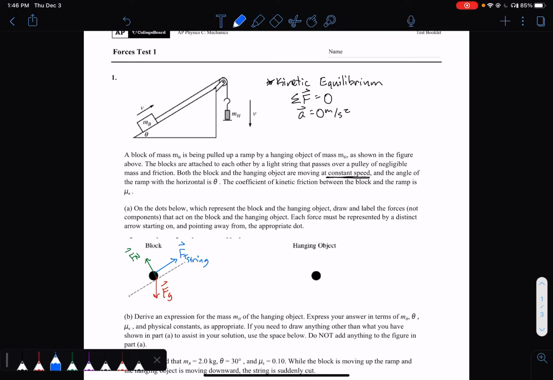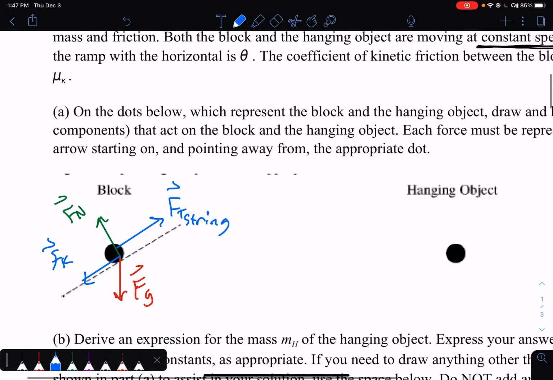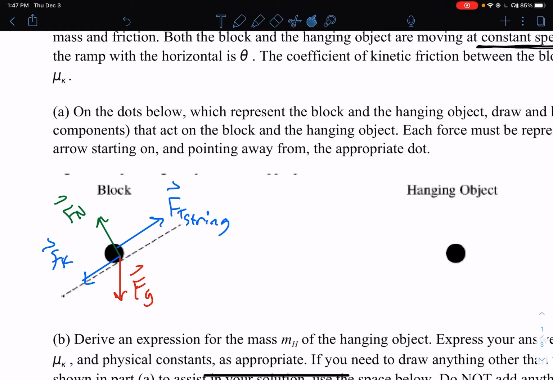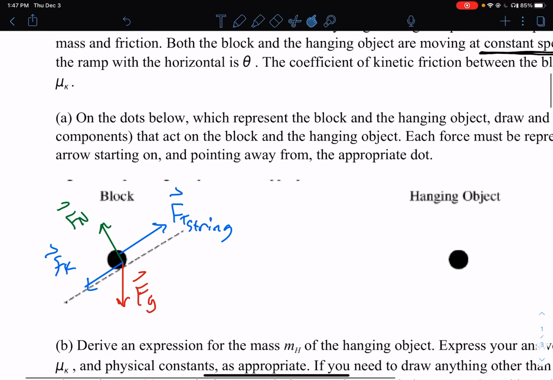And then, as it slides up the ramp, it's got kinetic friction in the opposite direction it's moving. That kinetic friction isn't equal to the tension. There are components to our weight vector that we'll look at in just a second. But those are the forces that we would have on our block.